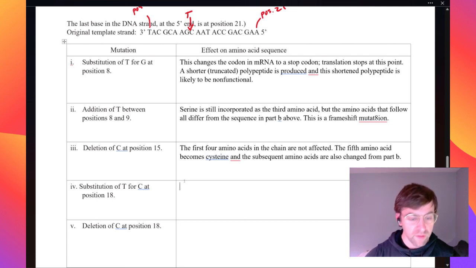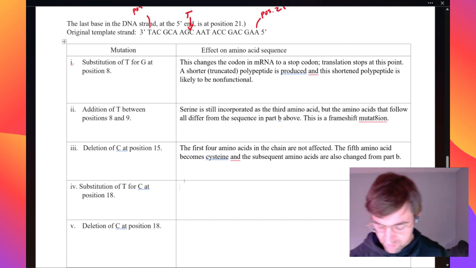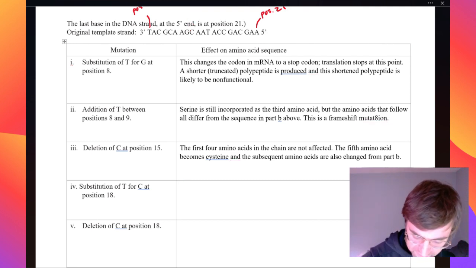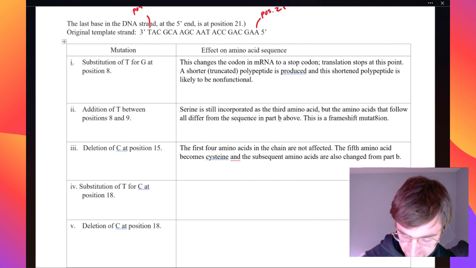Cool. Substitution of T for C at position 18.